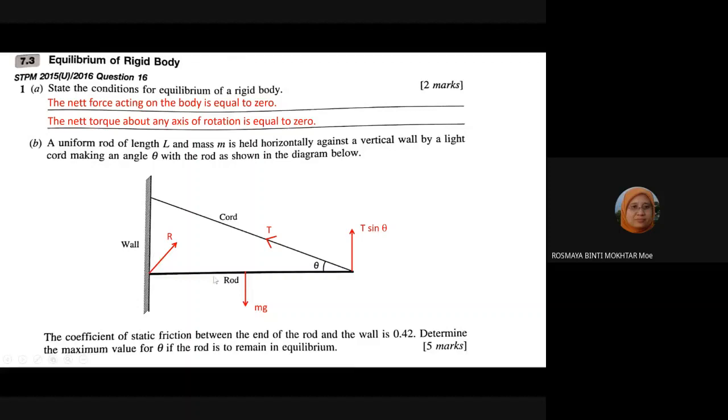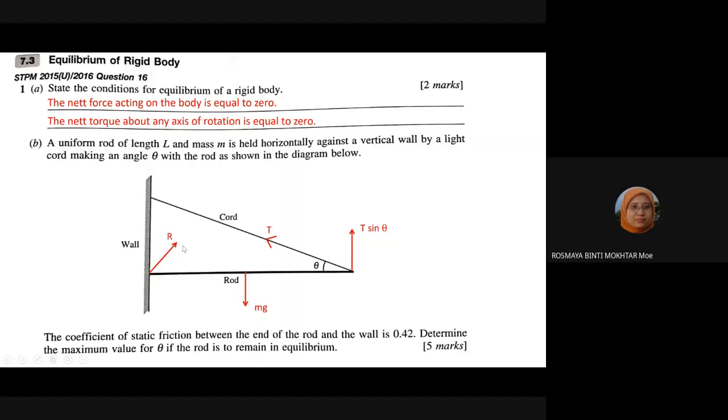When the rod is not in equilibrium, what happens? It will slide down at this point. So the rod slides down, which means the friction is opposite to the motion, so it is upward, and the normal is to the right. The resultant from these two will give you the reaction force.